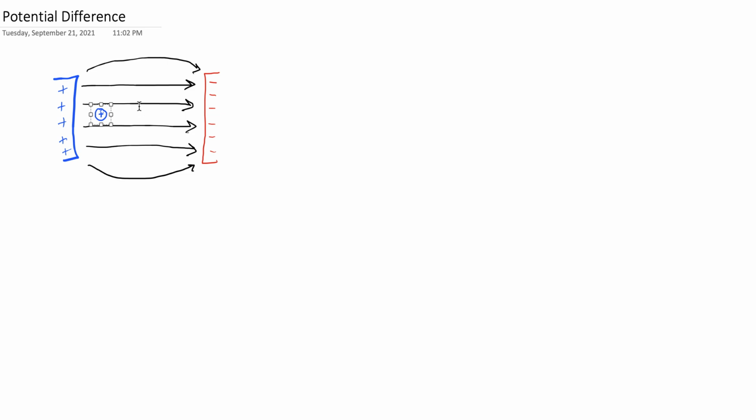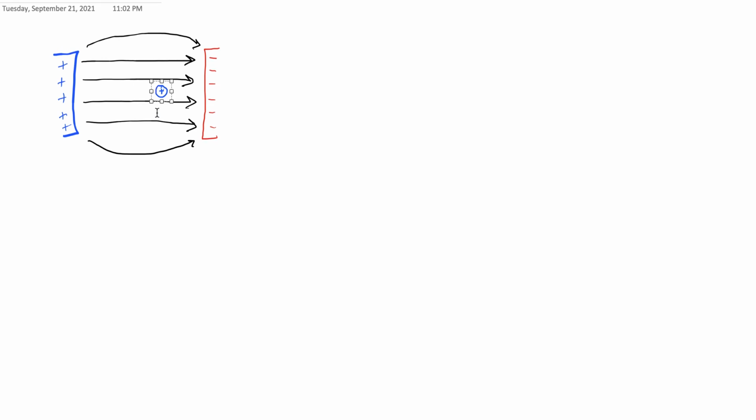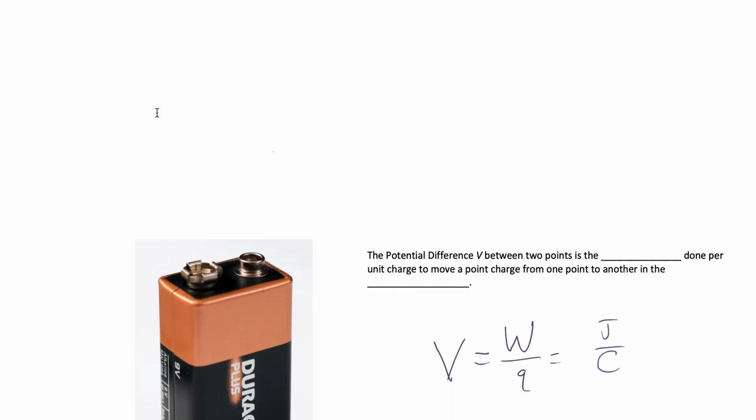So work is being done on that point charge, whether that is me moving it against the field in the opposite direction that it wants to go, or it's being moved by the positive charge towards the negative charge in the natural way that it wants to move. Either way, there is going to be some energy change.